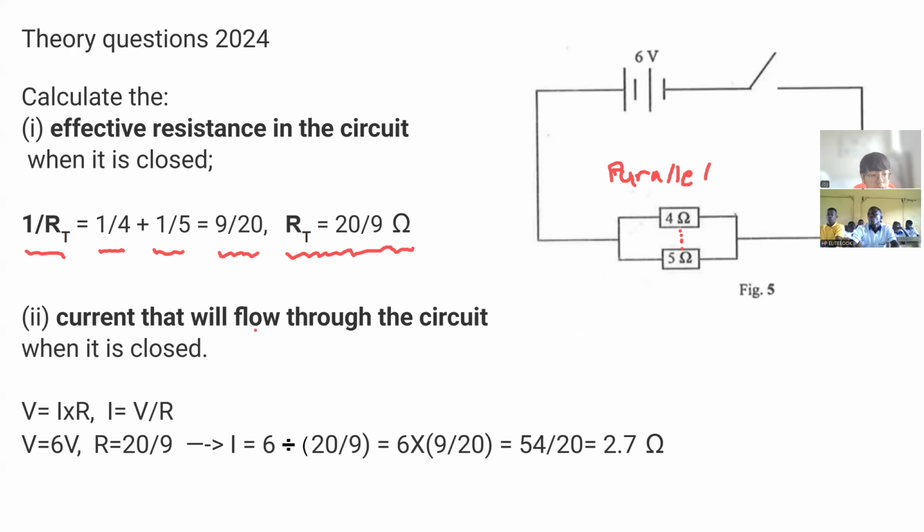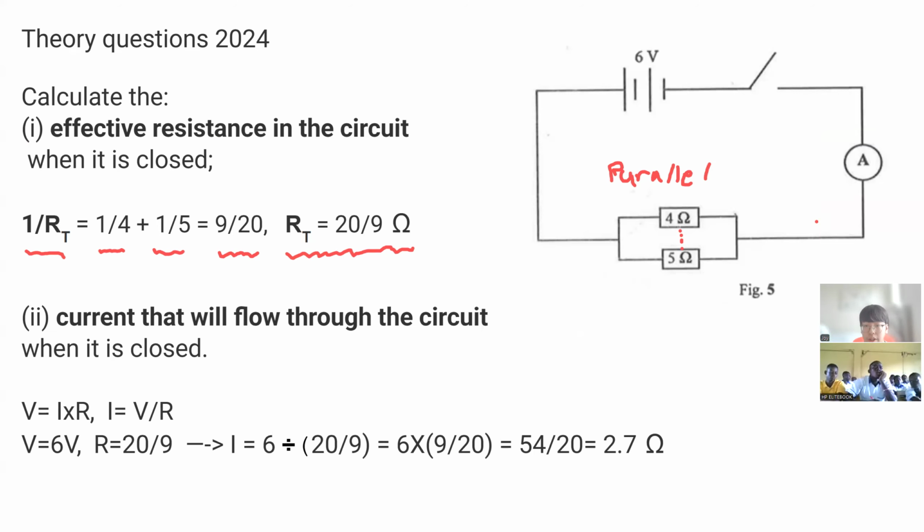The second question asks us the current that will flow through the circuit when it is closed. So we can use the total resistance to find the current. Let's look at this diagram. On the right, you can tell that the voltage is up here, 6 volts. And we just found R to be 20 over 9.